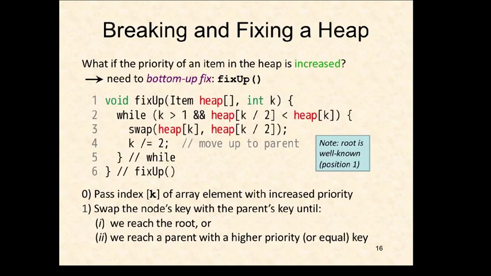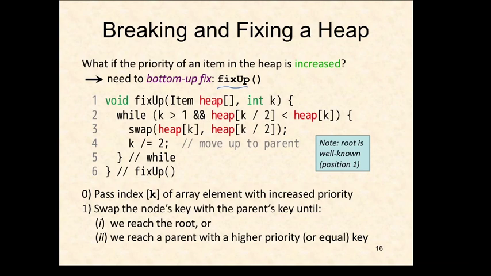Now, let's look at code to do that. Because really, remember, like I said, this is really happening in the array. So this is called fix up for two reasons. One is because a value increased in priority. Increasing in value isn't critical. If it was a min heap, we'd have a different situation.